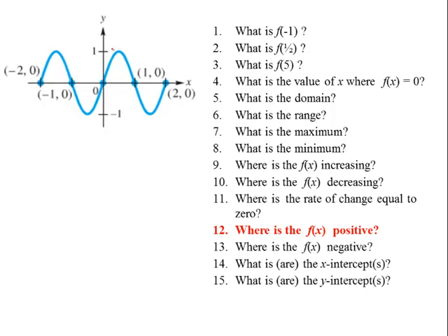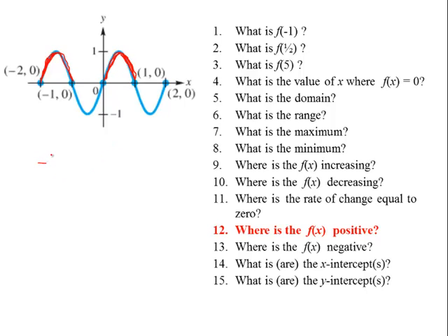Number 12, where is f of x positive? That is in quadrants 1 and 2. So anything above the x-axis, y will be positive. So that's this part, this hump of the graph, and also this hump. So again, we have two sections.